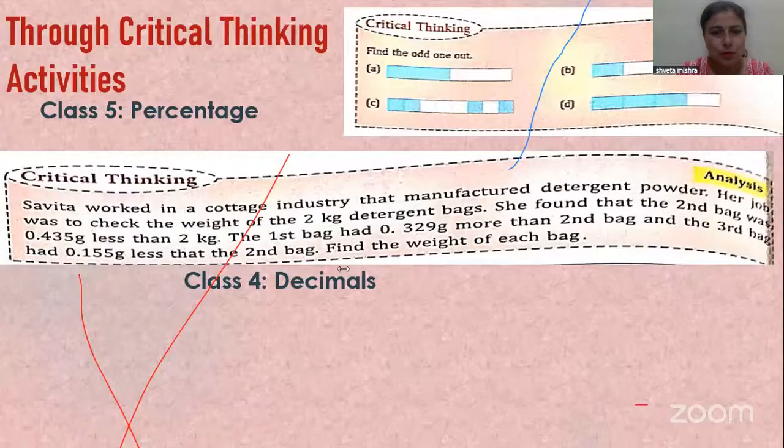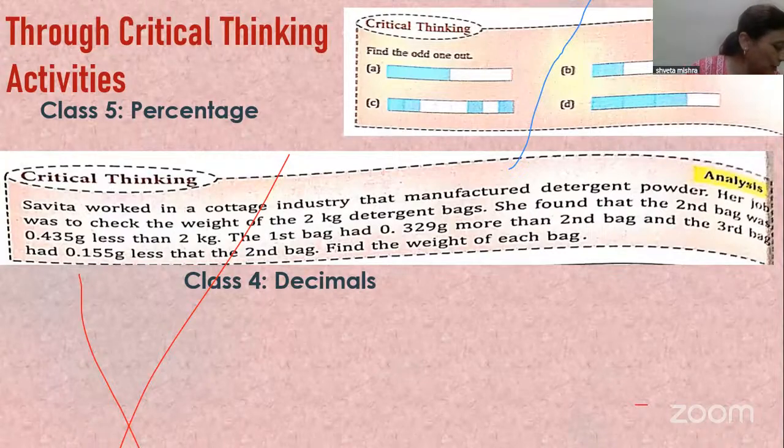The units are not equal. Okay, you are talking about the other one, the previous question. Yeah, Devasmita ma'am, it's okay. Correct. So, can I have an answer for this critical thinking question? The weight of all the 3 bags?